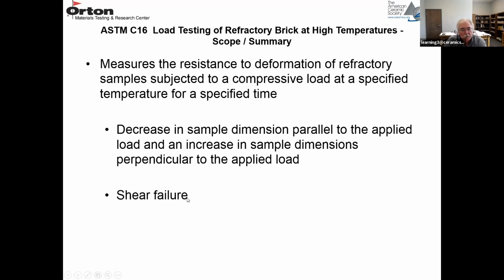So if the material fails, it's usually a shear failure. You run a sample at a temperature for a specific time, and if it doesn't fail, you measure the dimensions before and after to get the amount of deformation that has taken place, or sometimes it may actually fail, and it will usually be a shear failure.